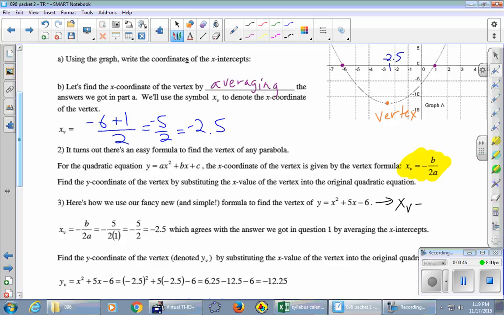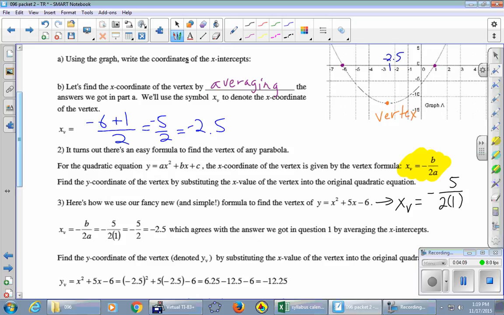According to our fancy new formula, the x-coordinate of the vertex for this one is supposed to be -b. Negative what on top? How much is b in this particular case? b is the 5, right? Same a, b, and c as before. Divided by 2 times a. How much is a? It's 1. Notice that this formula doesn't involve c.